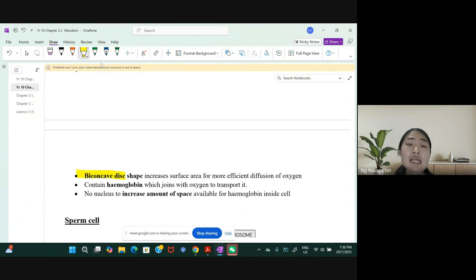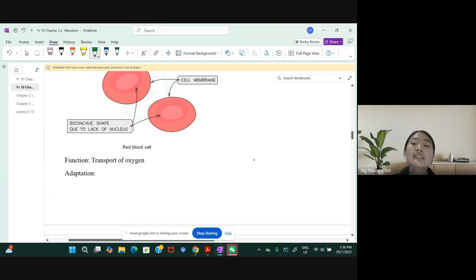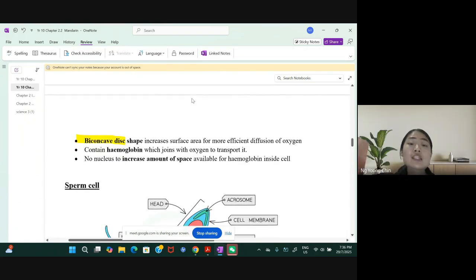Biconcave shape. Why? When you look at the red blood cell from the side view, it will be like this, which is a concave shape. They just curve inwards. That can increase the surface area for oxygen transport. Inside the red blood cell they have hemoglobin.